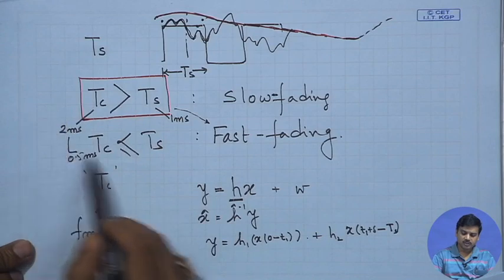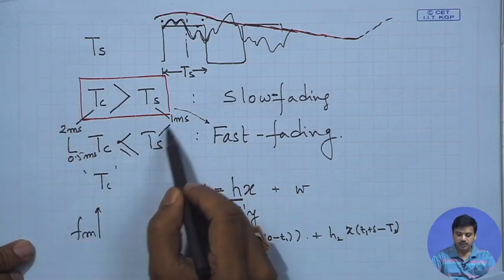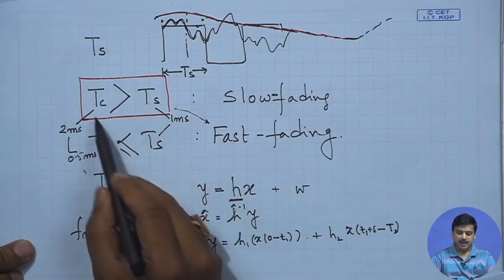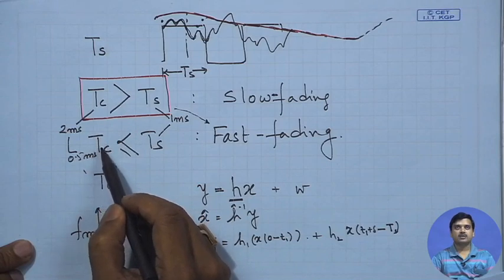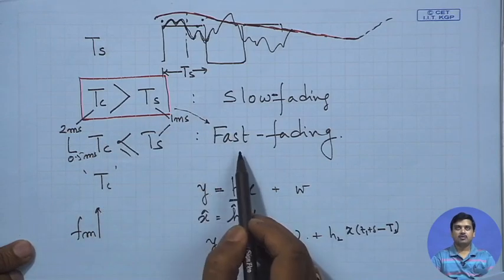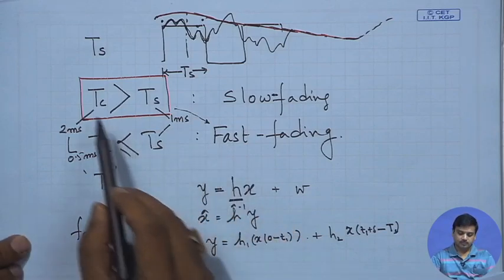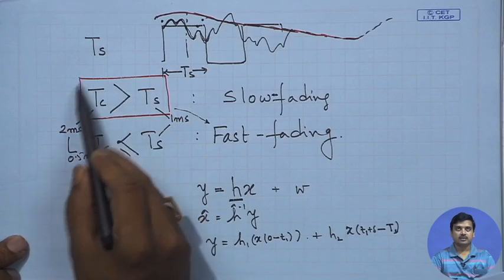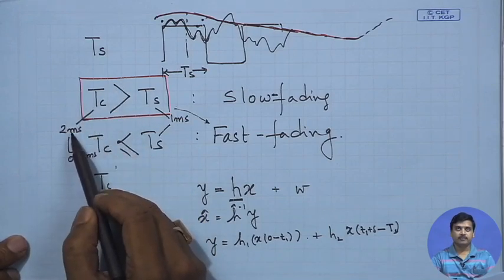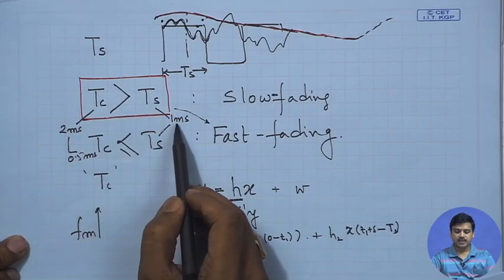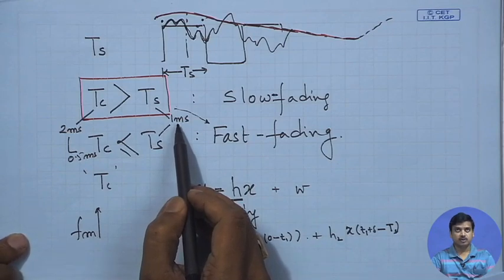So, what we saw in this example is that even though the symbol duration has remained the same, as mobility has increased, coherence time has become smaller, and the system has gone from slow fading to fast fading. On the contrary, consider the earlier situation where coherence time was 2 millisecond, and I have a system which has a symbol duration of 1 millisecond.